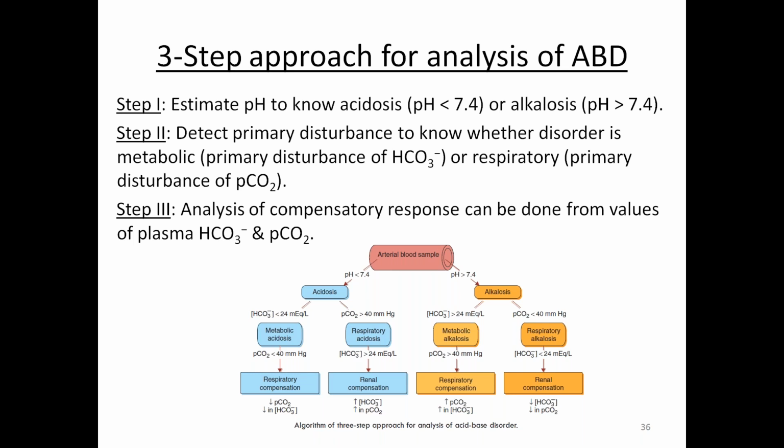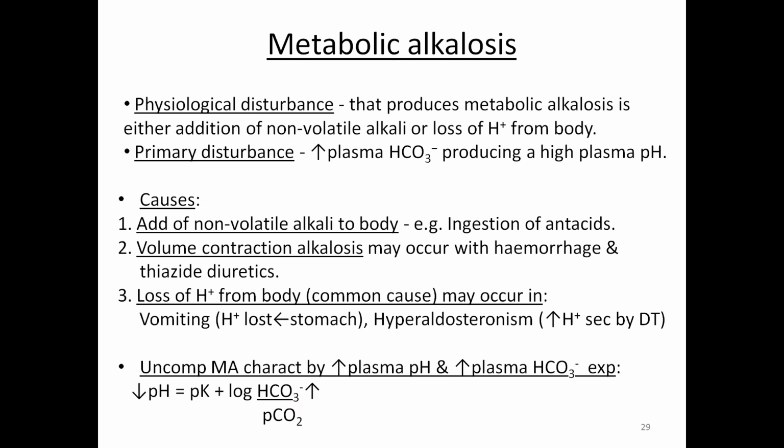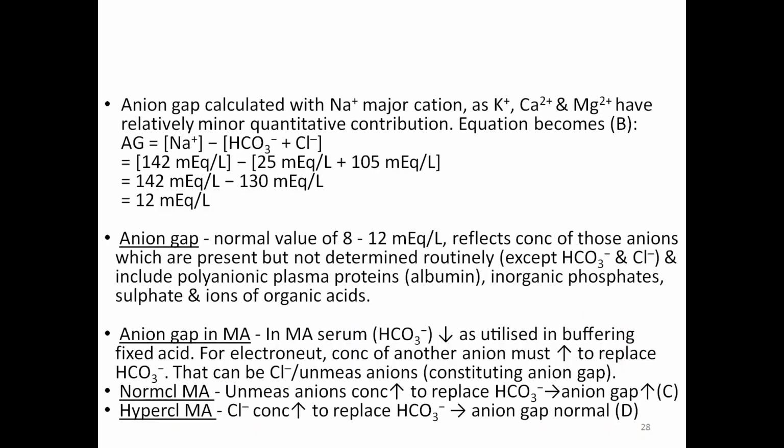So in that case, often you can be given, let's say, the value of sodium ion, potassium ion, bicarb ion and chloride ion. Okay, so how will you calculate an anion gap? Let's go back to anion gap and see here.